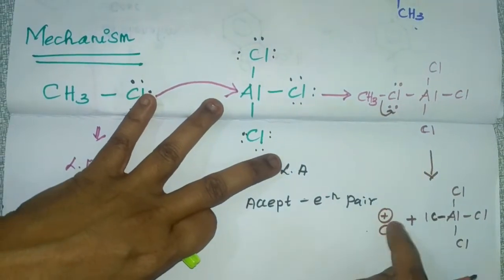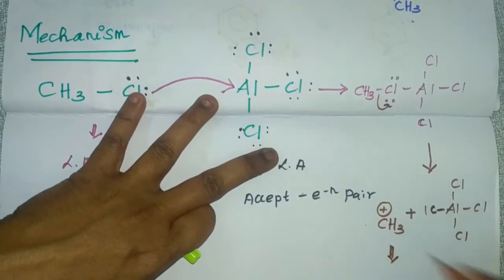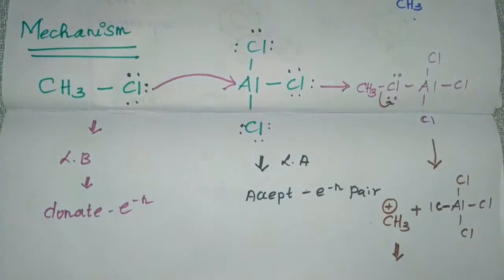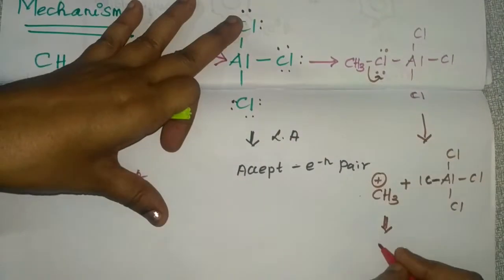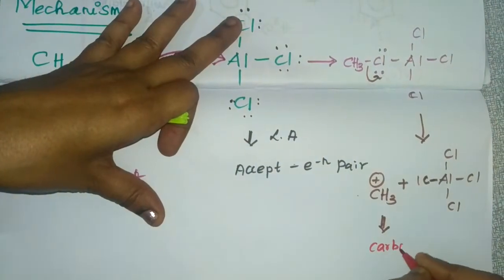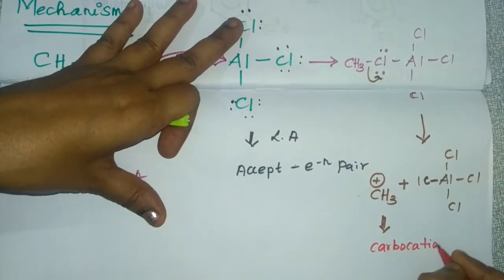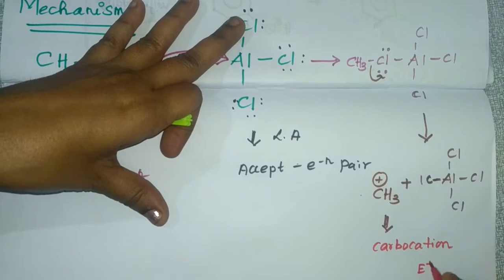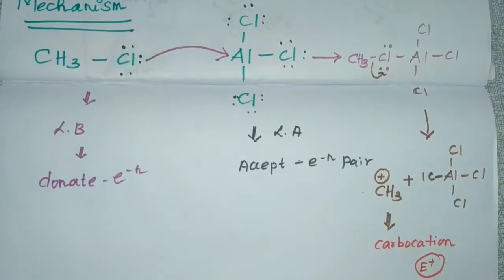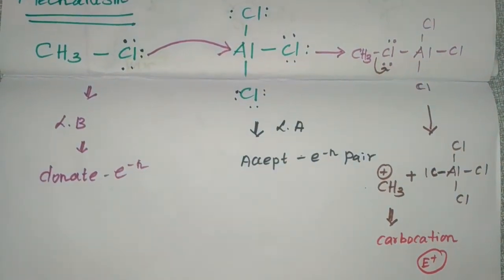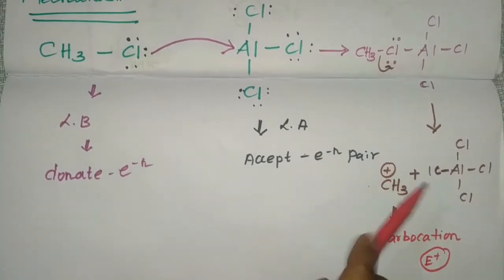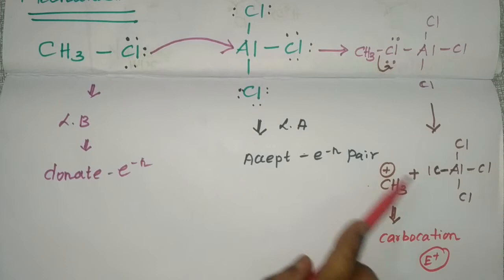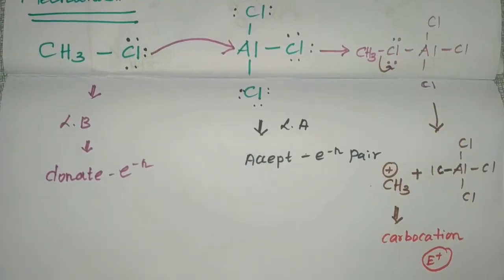This is the carbocation which is formed, and this carbocation will act as an electrophile here. This electrophile, this carbocation, is what we are going to add to the chlorobenzene.